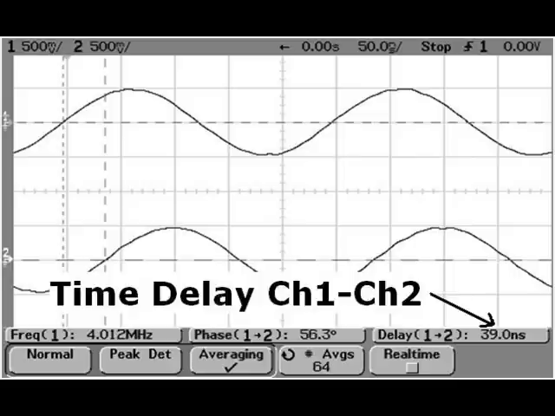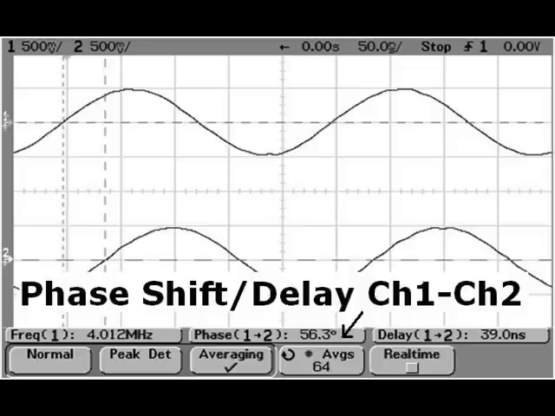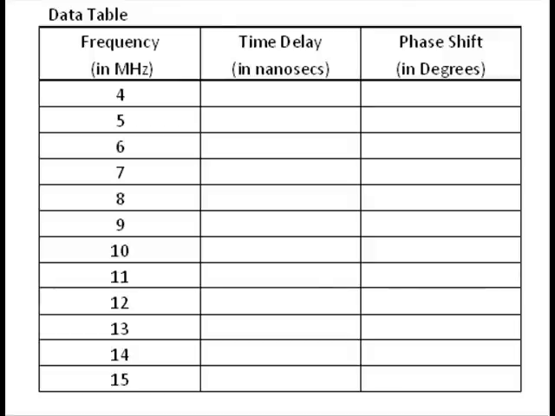Begin your measurements with a 4 MHz sine wave and continue to 15 MHz in 1 MHz steps, completing the lab handout table. Save screenshot image data and spreadsheet data for 3 cases. For example, 4, 8, and 12 MHz, or 5, 10, and 15 MHz.